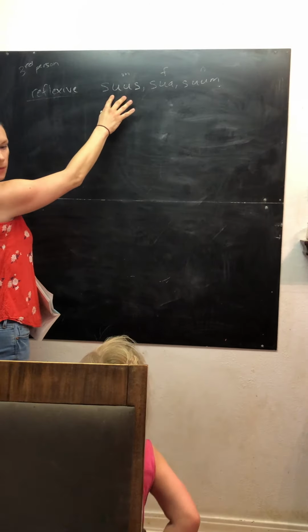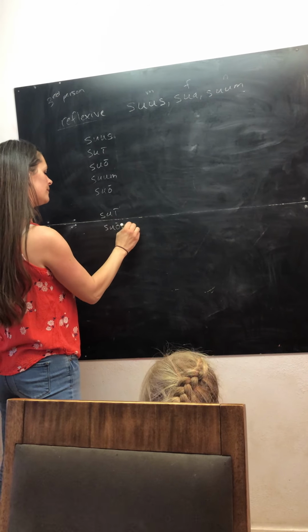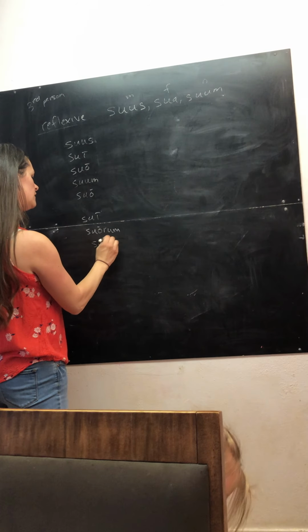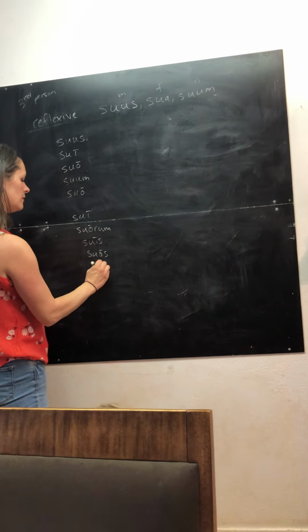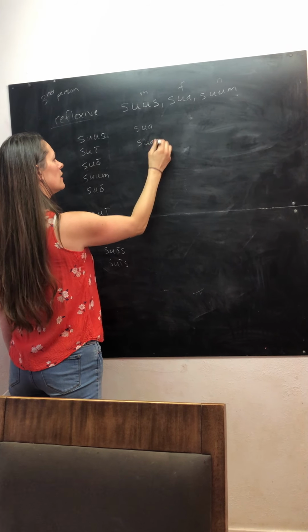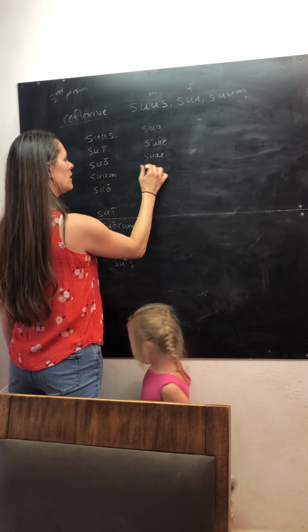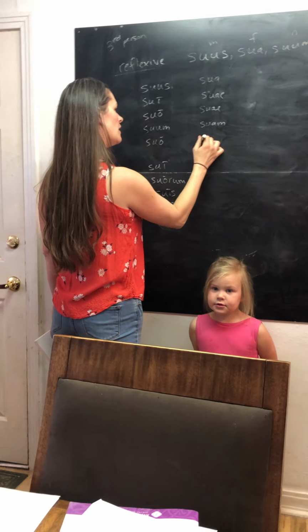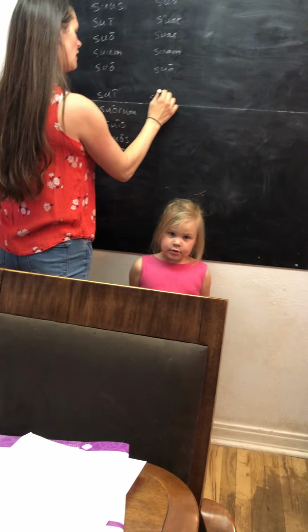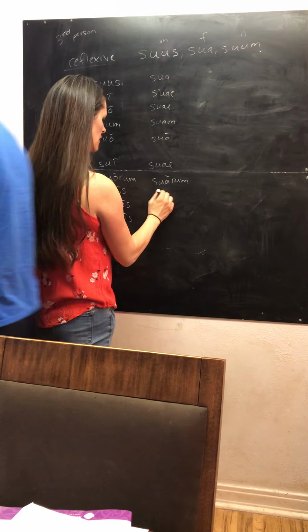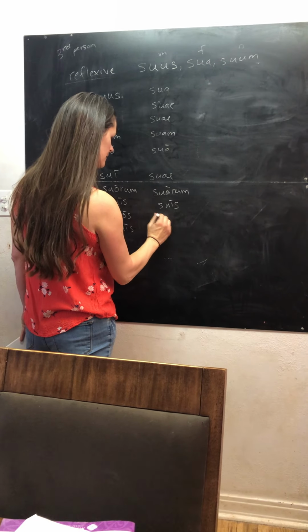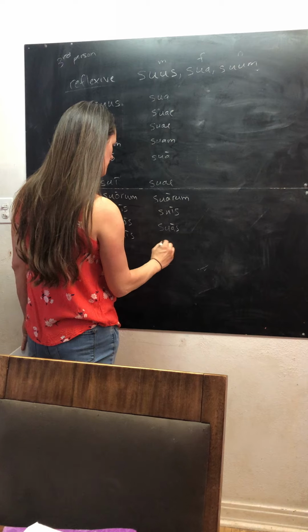And then in the plural, i, orum, is, os, is. And then in the feminine, a, ae, ae, am, a, a, and in the plural, ae, arum, is, as, is. We should all be really familiar.